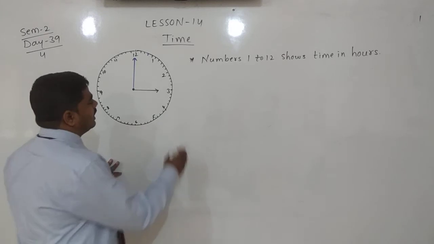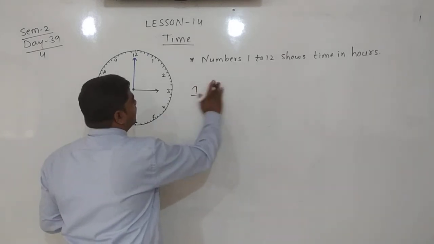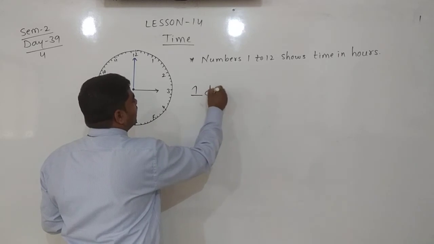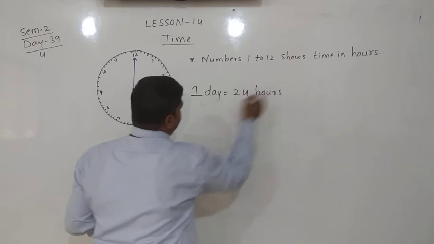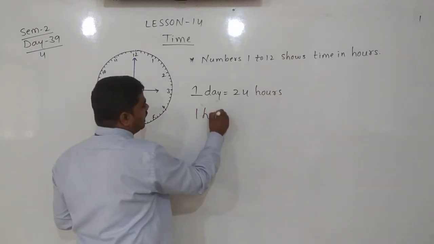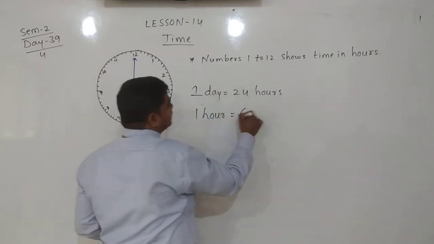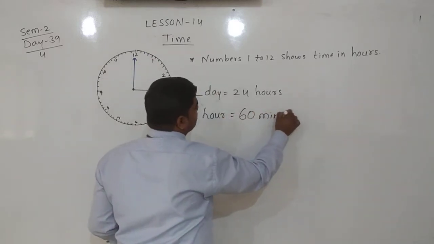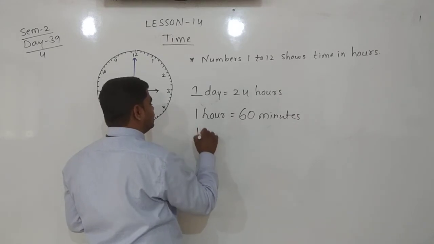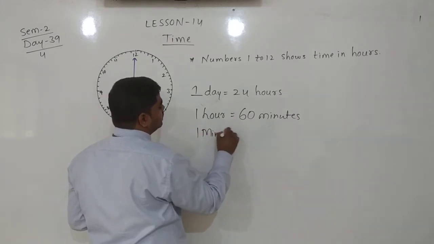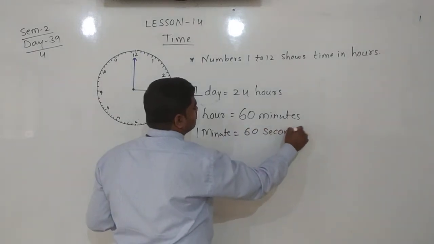Then we can write: 1 day has 24 hours. 1 hour has how many minutes? 60 minutes. Then 1 minute has 60 seconds.